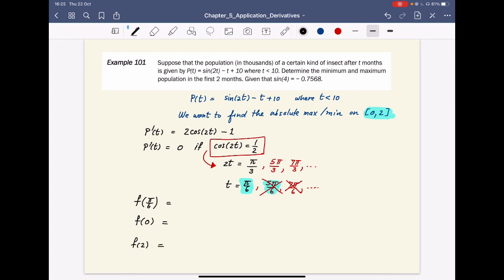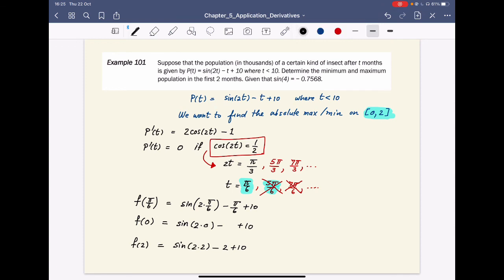All right. p of pi over 6 is what? So sine of 2 times pi over 6, minus pi over 6, plus 10. Here we have sine of 2 times 0, minus 0, plus 10. And then we have sine of 2 times 2, minus 2, plus 10.